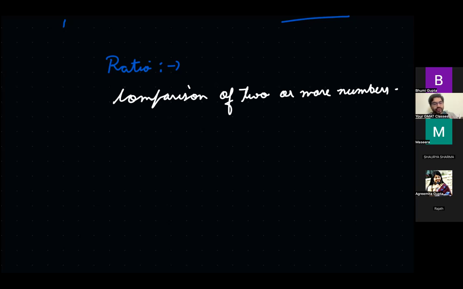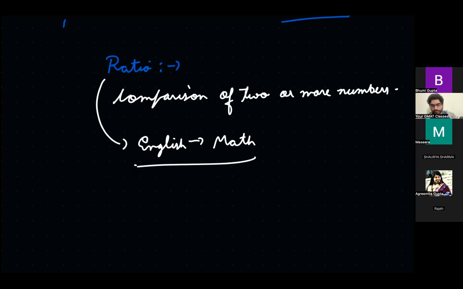I believe ratio is where you convert English to math. Let's say, for example, the salary of P upon the salary of Q is 2 by 3.